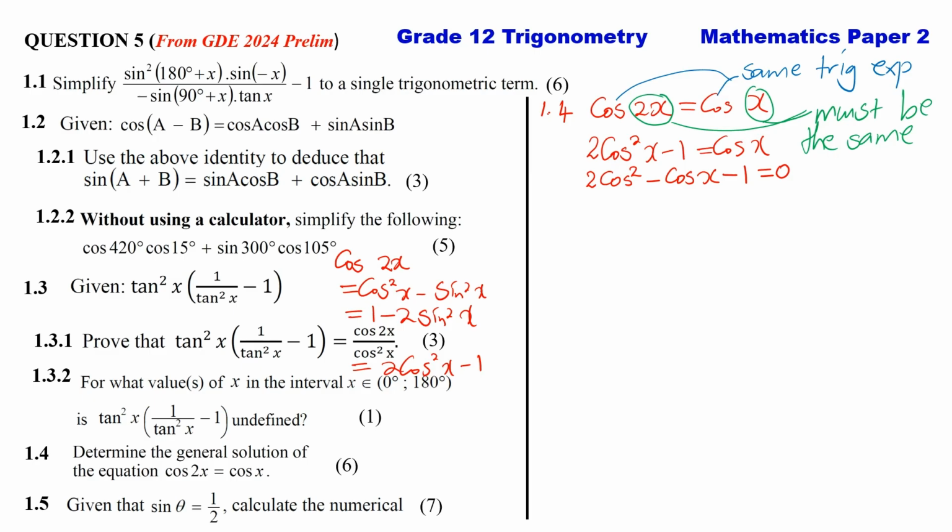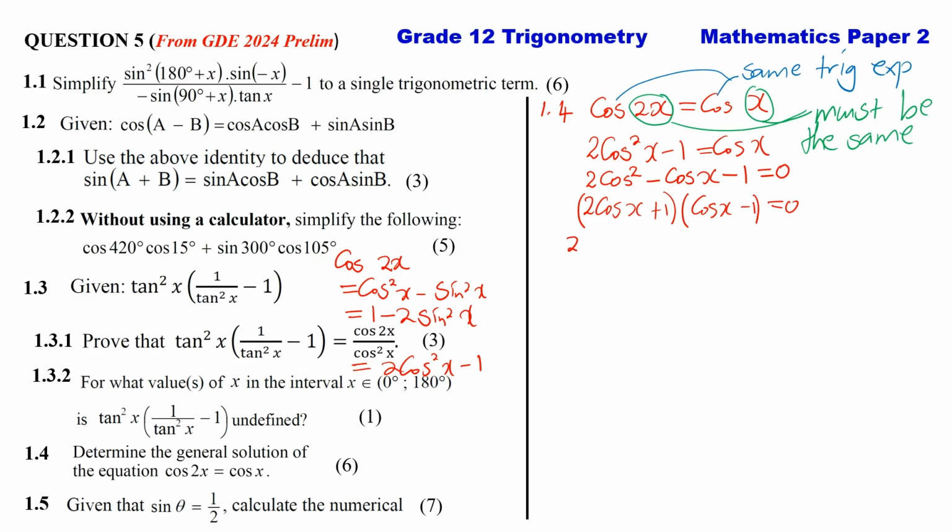So this one here can be factorized into two brackets. I'm going to factorize it into 2 times cos x plus 1 in one set of brackets, times cos of x minus 1. This is equal to 0.